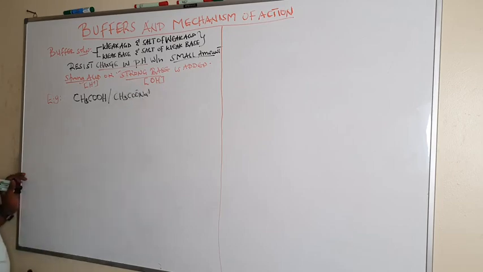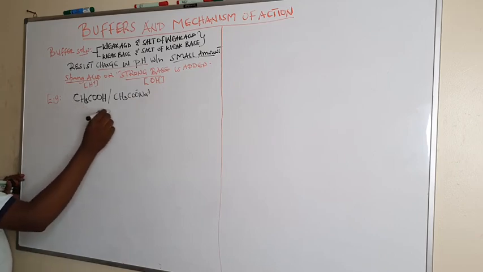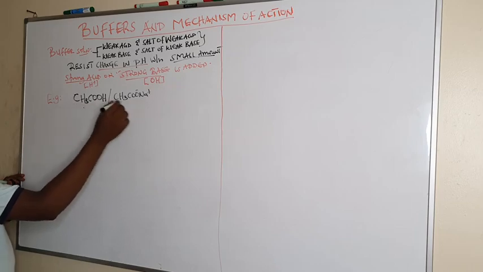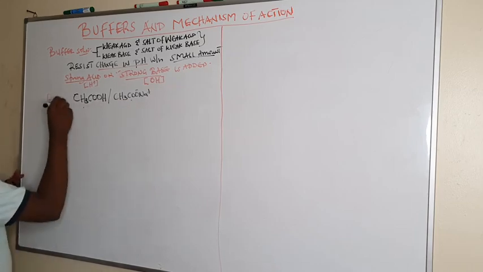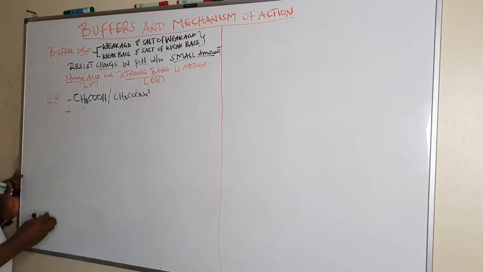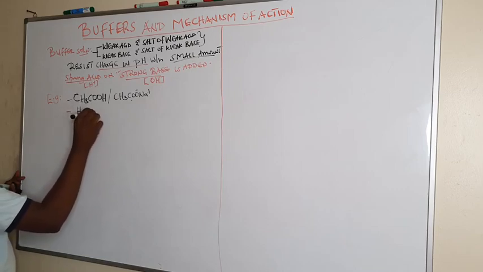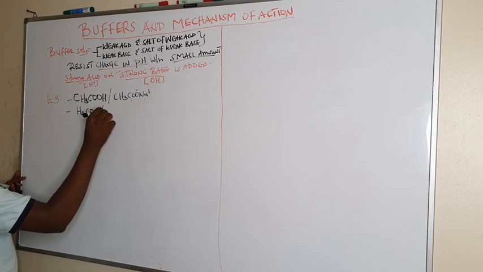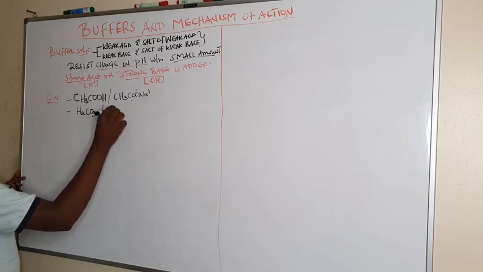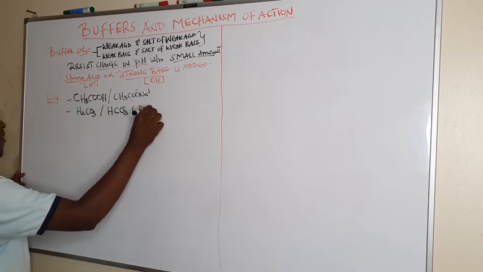This is one of the buffer systems we have, whereby this is the weak acid, this is a conjugate acid, and this is a conjugate base. Then another example we can give is carbonic acid together with the bicarbonate, and this is known as the bicarbonate buffer.